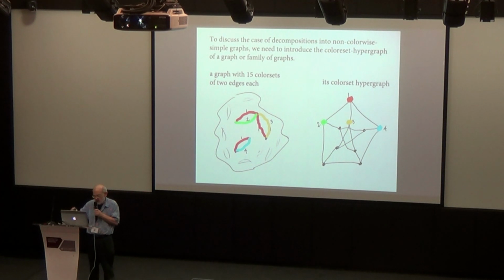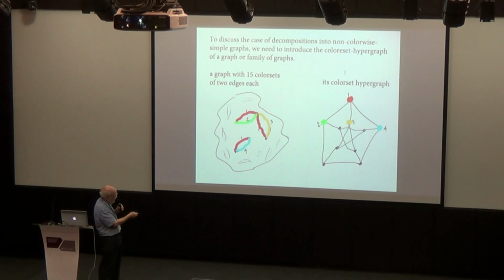And to discuss this existence problem, you need to talk about the so-called color set hypergraph of an edge-colored graph. So here you see an edge-colored graph. I have 3 colors, but there are actually 10 colors. You only see 4 here. Let's imagine that you have 10 colors and a total of 30 edges occurring in pairs of parallel edges.